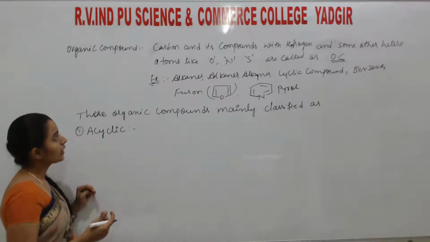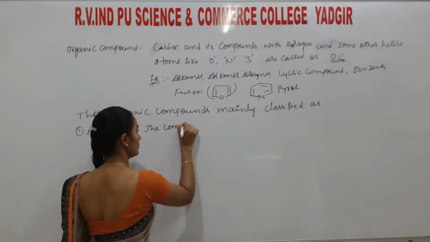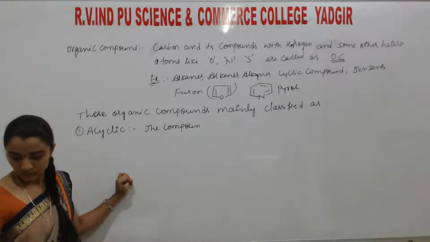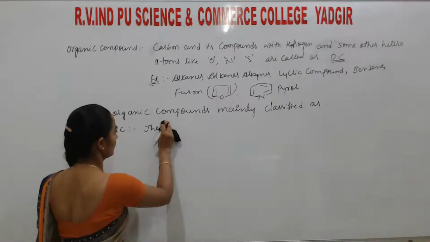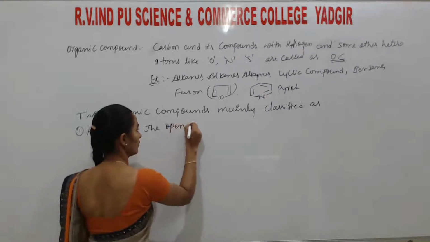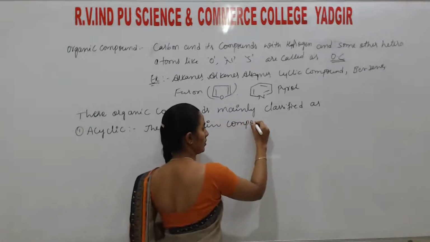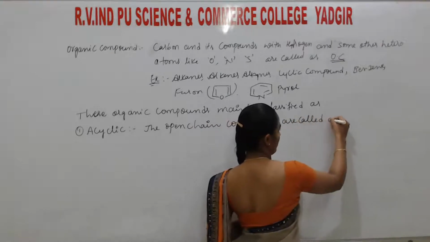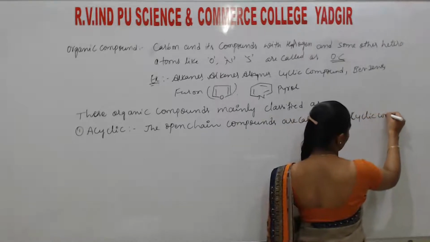So what are acyclic organic compounds? Open chain compounds are called acyclic compounds.